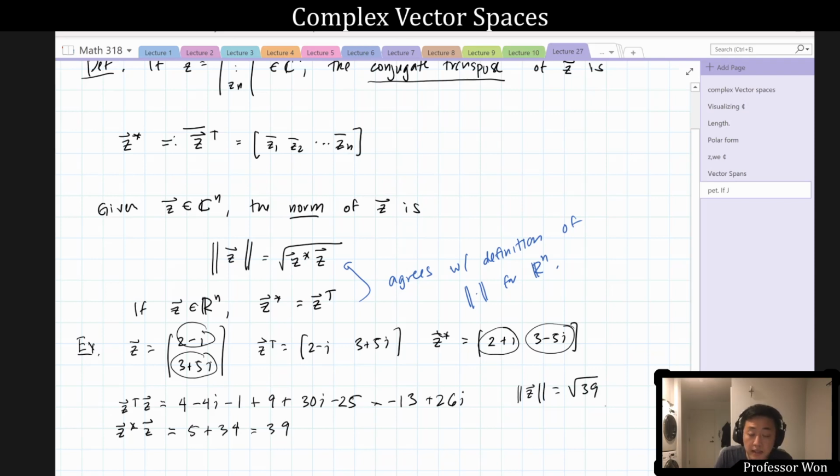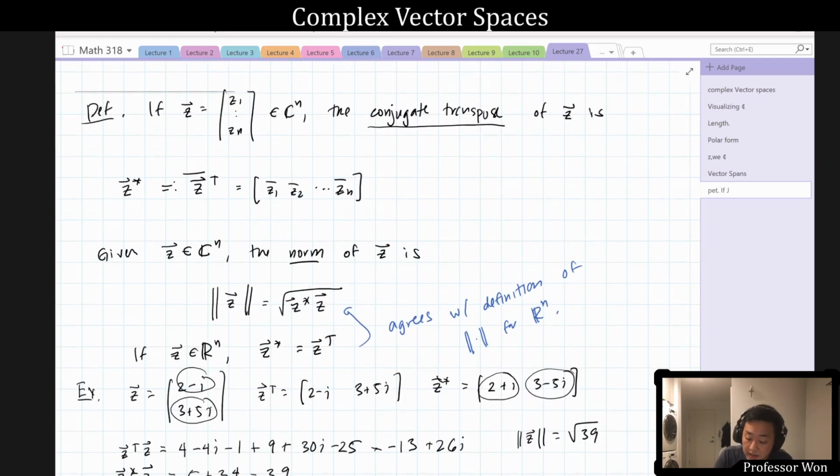So the reason to introduce the conjugation part of this is so that this norm will always end up being a real number, thereby giving us a useful notion of length. Okay, and this thing that's happening inside of the square root sign, this conjugate transpose of one vector times another vector, that's the notion of like a dot product that we'll have in C^n, which you don't see over R because taking conjugates over R doesn't do anything. Okay, so that's what I'll define.